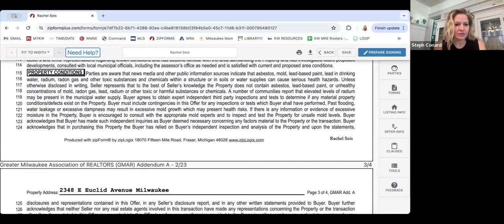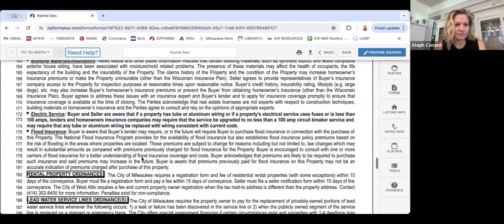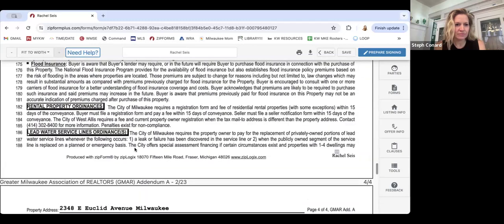Okay, we're going to jump to 182. Rental property ordinances. The city of Milwaukee requires a registration form and fee of residential rental properties within 15 days of conveyance. This is for those of you who are working with investors, if they are going to be purchasing duplexes or homes that they intend to be renting out.